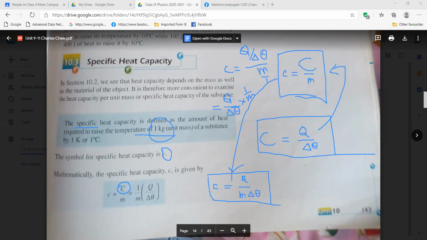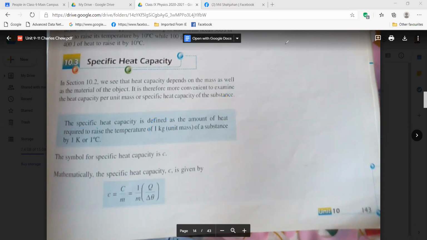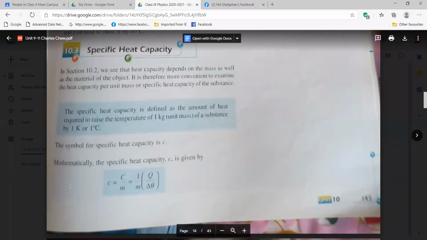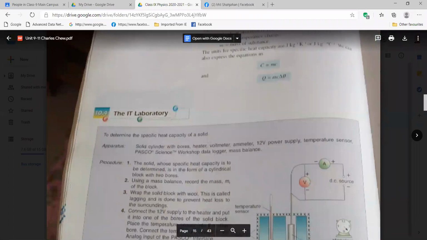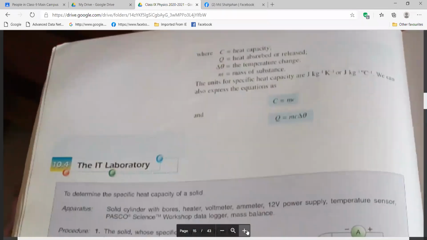Now we are going for one numerical question on specific heat capacity. Okay, before going to that one, we are just having this one. You know it already, right? Just the unit.